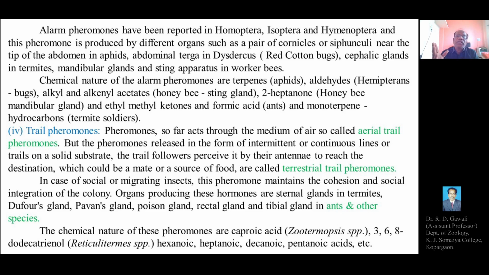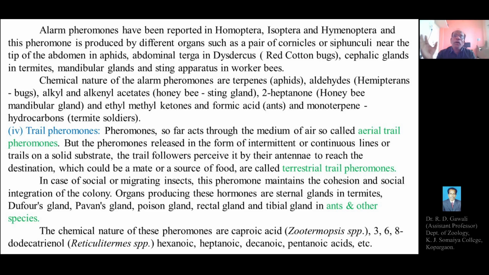So in case of social insects or migrating insects like honeybees, this pheromone maintains the cohesion and social integration of the colony. Since the queen bee secretes a queen substance, with the help of this pheromone, different chemicals produced by the queen bee in the colony will help to keep all members, workers, drones, queen, all of which live together in the form of a colony.